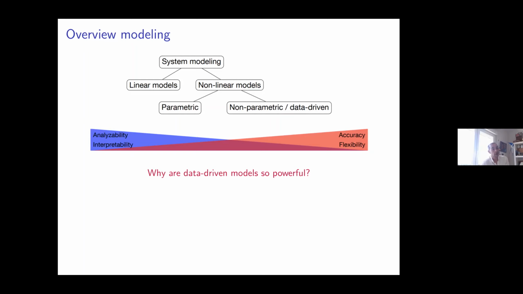For parametric models, again, there is a lot of theory developed based on Lyapunov methods, etc. But the problem is that for some hard-to-model robots, like soft robots, parametric models are not accurate or flexible. For that reason, people started to study data-driven models, how to model a control system or dynamical system based on data that we know from a model a priori. So along this talk, I will try to convince you why data-driven models are powerful, in particular for control purposes.